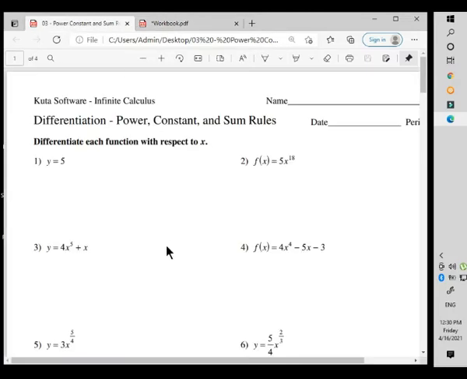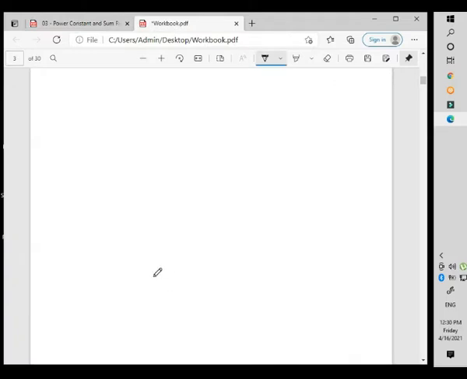Number 3, y is equal to 4x to the 5th plus x. So in this case, y is equal to 4x to the 5th plus x. I'm going to work this one a little bit slowly as well.